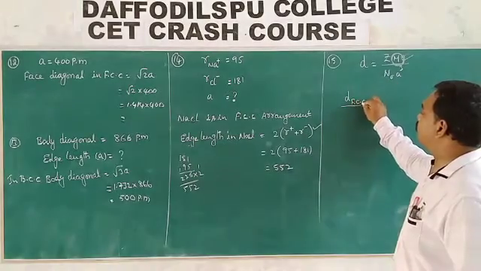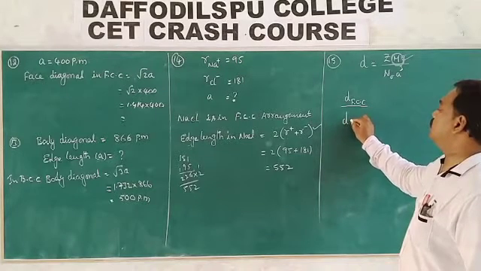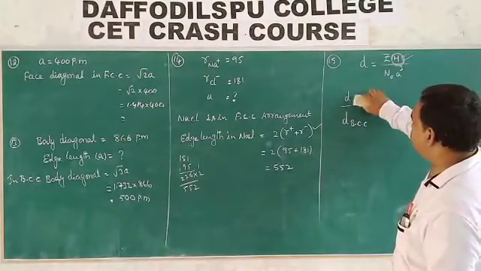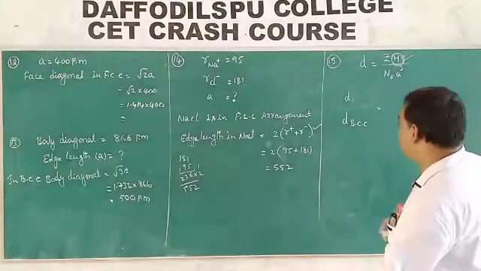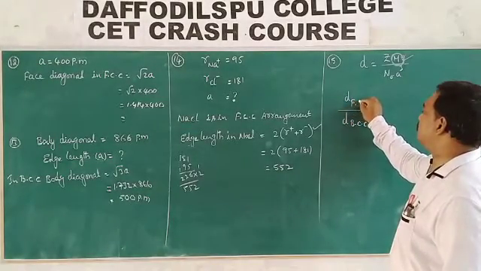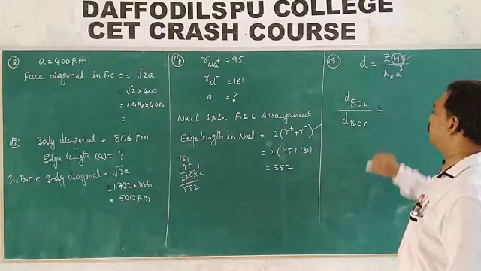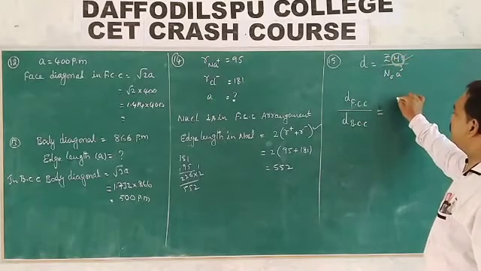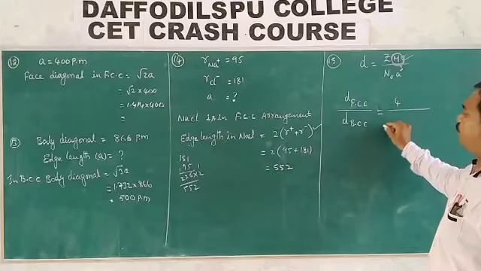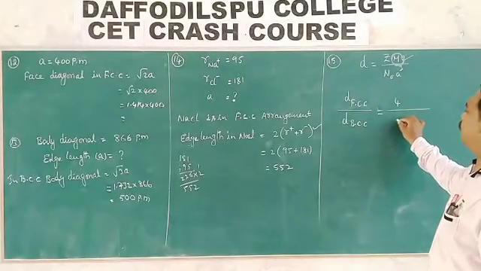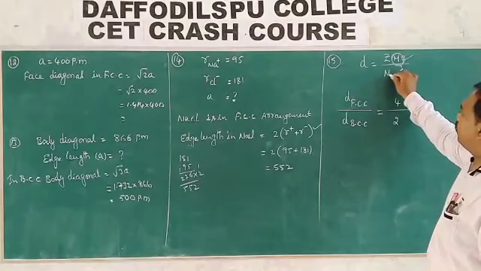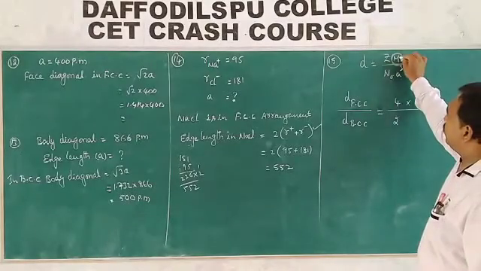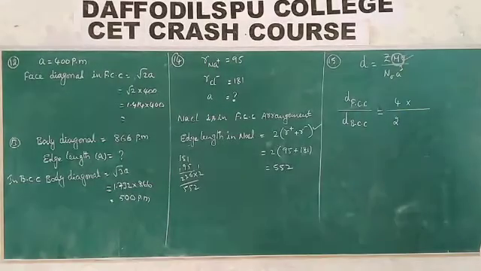So density of the unit cell in FCC arrangement to density of the unit cell in BCC arrangement is equal to, in FCC effective number of atoms are 4. In BCC effective number of atoms are 2. N0 is the common thing for both of them. Same element means their atomic weights are also the same.